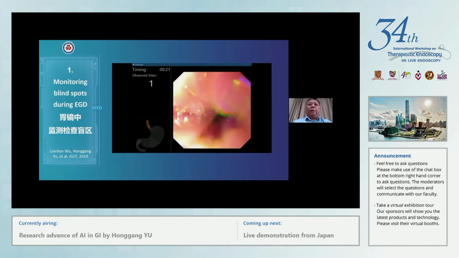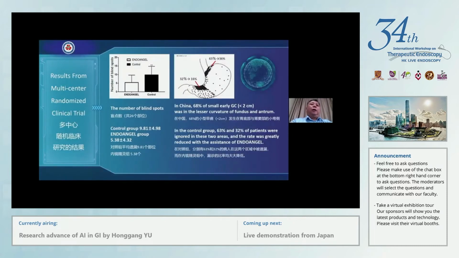This is really very important, and our multi-center RCT has already confirmed the importance of this function. You can see here that ENDOANGEL can largely decrease the blind spots caused by endoscopists.